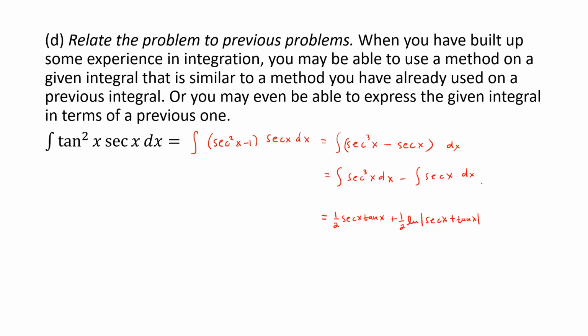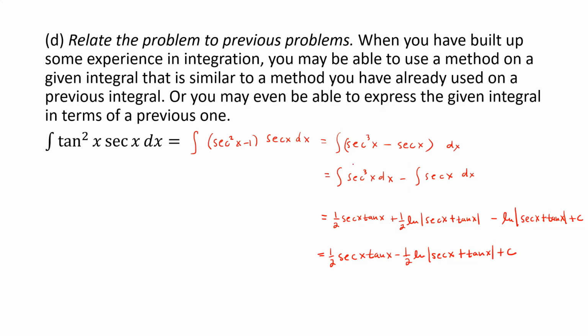Similarly, we know the integral of secant x is equal to ln of the absolute value of secant x plus tangent x. And so combining these, the integral of our original thing becomes 1/2 secant x tangent x minus 1/2 ln of secant x plus tangent x.